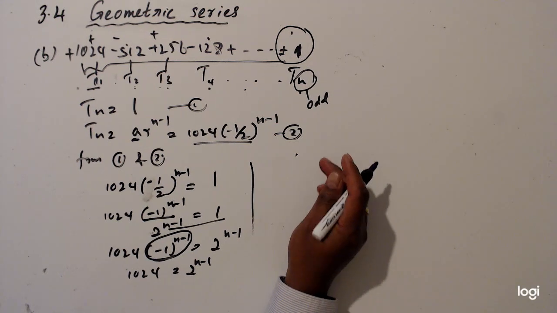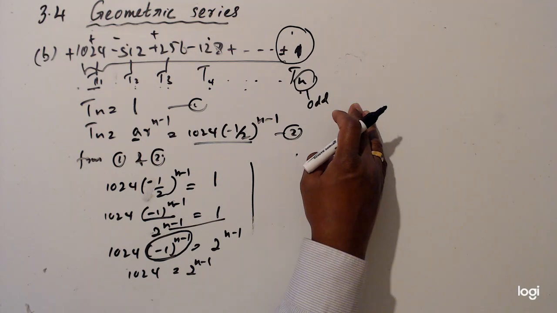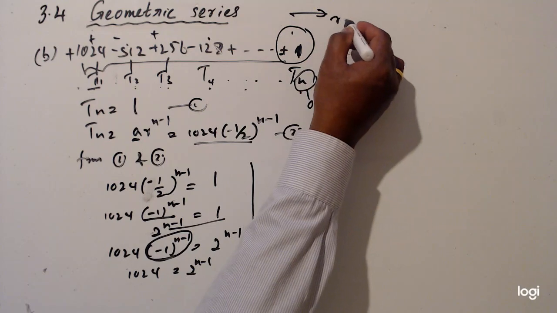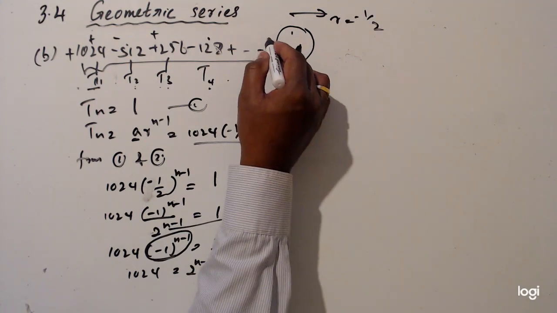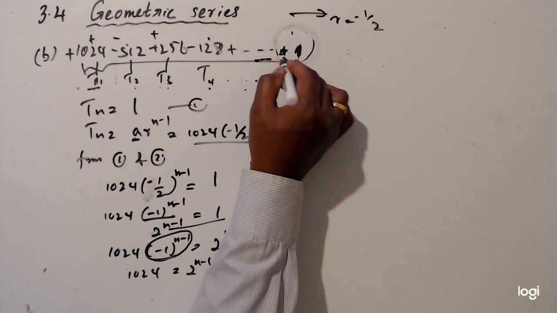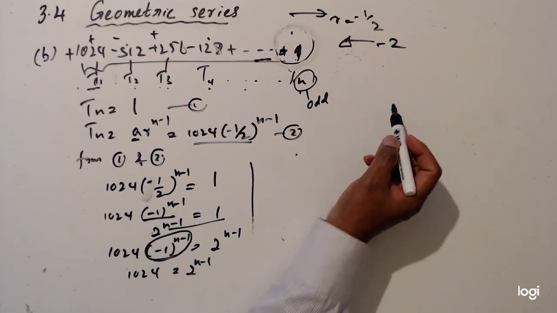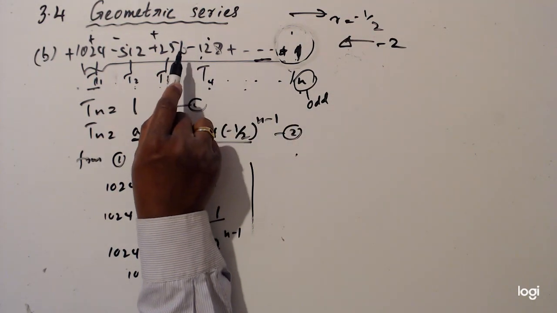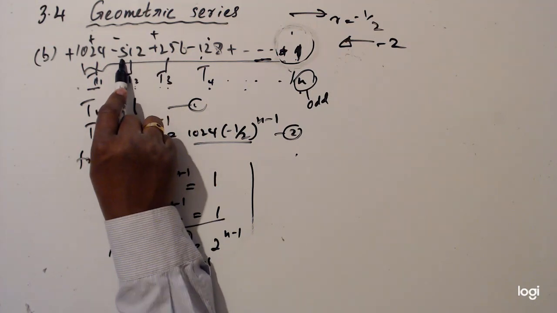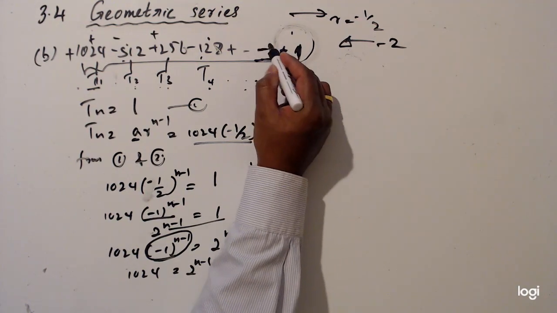I'm going to do a bit of alteration to this sum. For this direction, the r is minus half. So what is this term? What is the term before 1? If we go in this direction, that is minus 2, because minus 128 times minus 2 is 256, and 1 times minus 2 is minus 2.